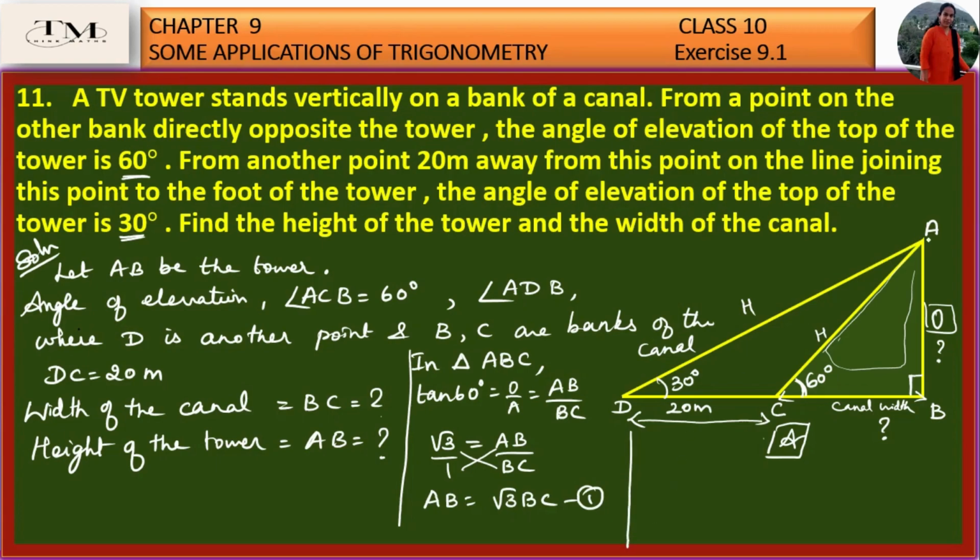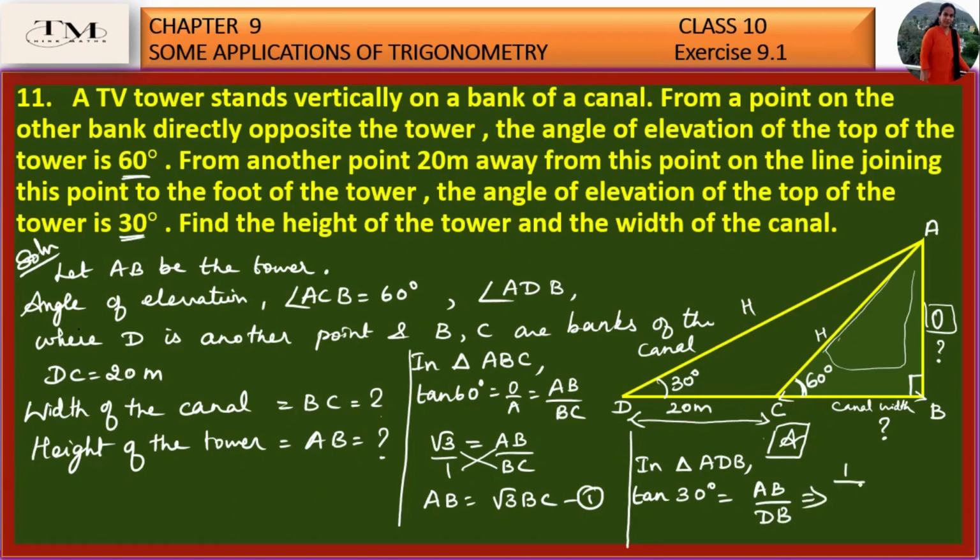Now take the bigger triangle ADB. In triangle ADB, the opposite is unknown and the adjacent is known, so it is between opposite and adjacent, and tan matches. Tan 30 degree equals opposite side AB by adjacent side DB.